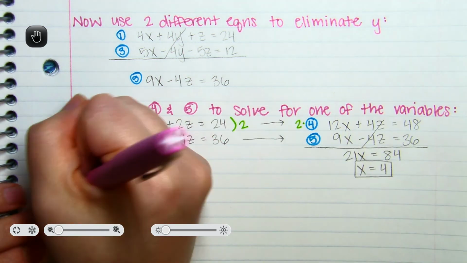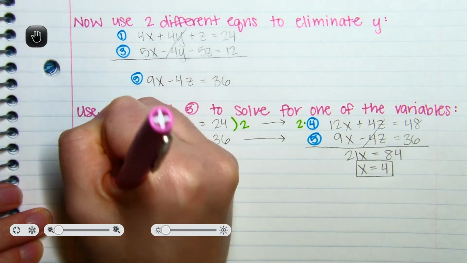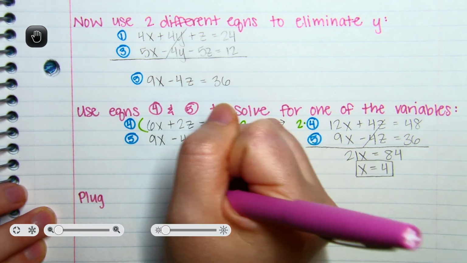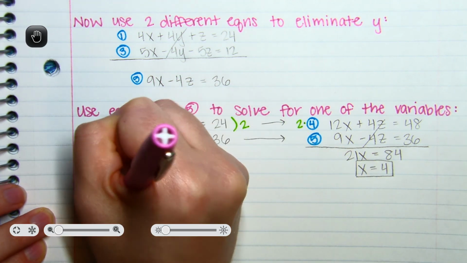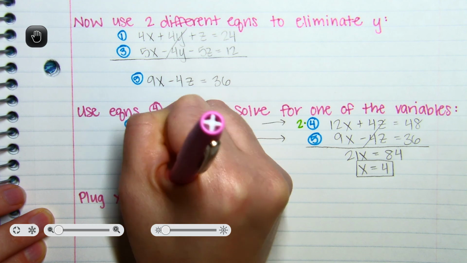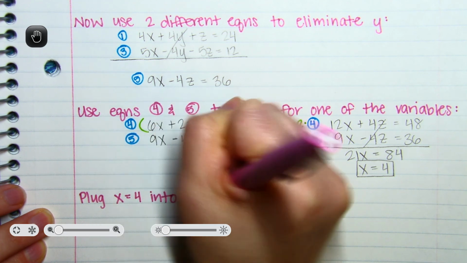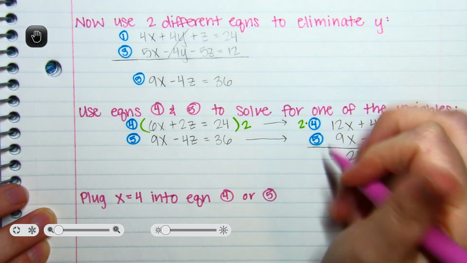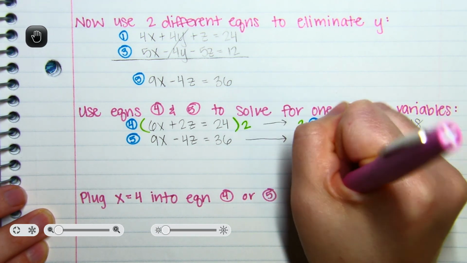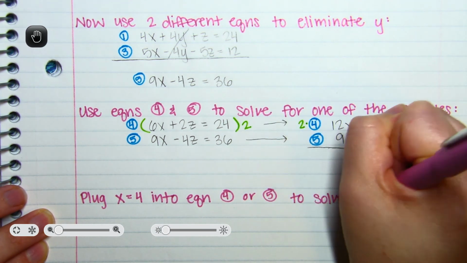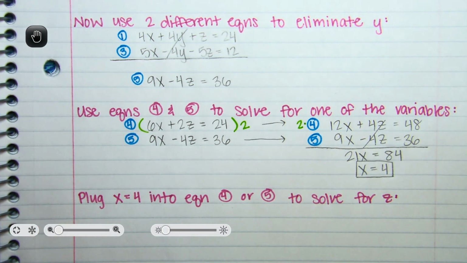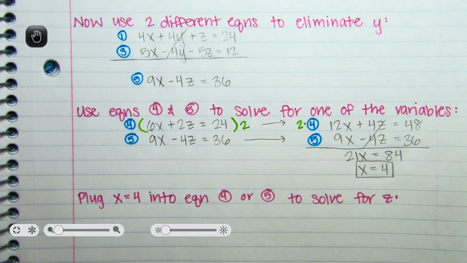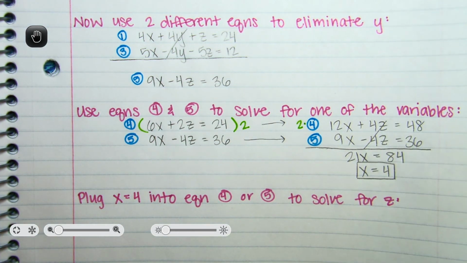Now, I need to plug x equals 4 into equation 4 or 5 to solve for z. Doesn't matter which one, you can choose.